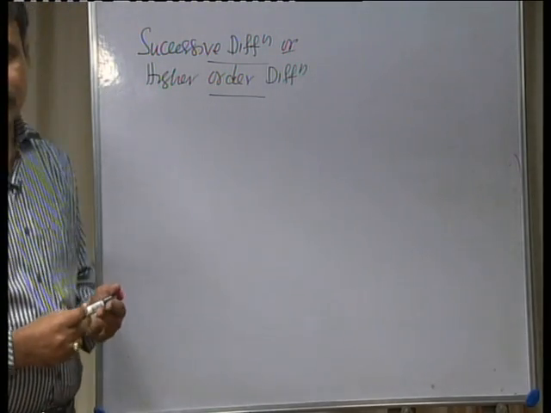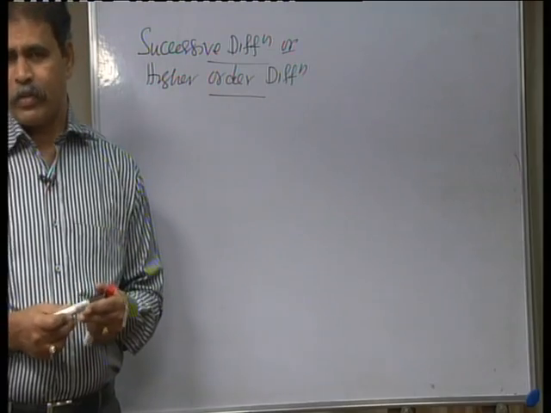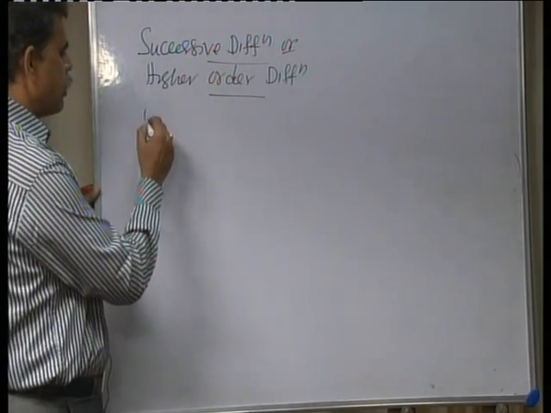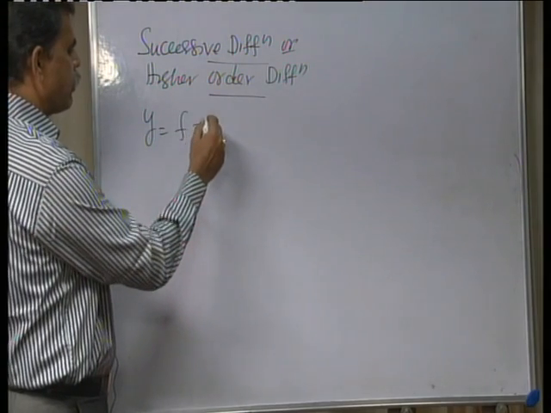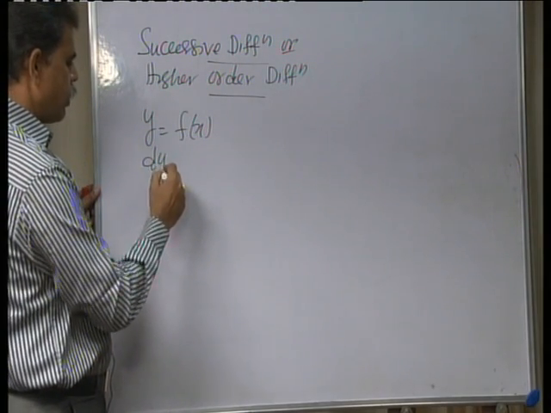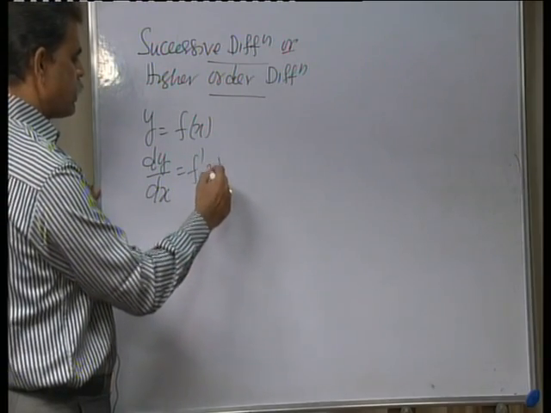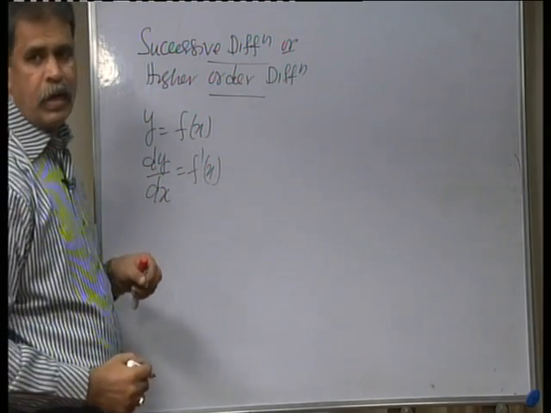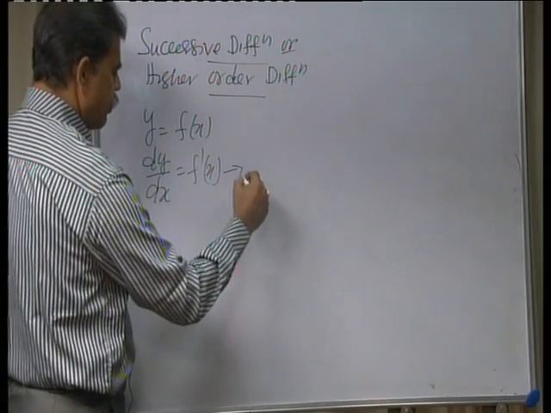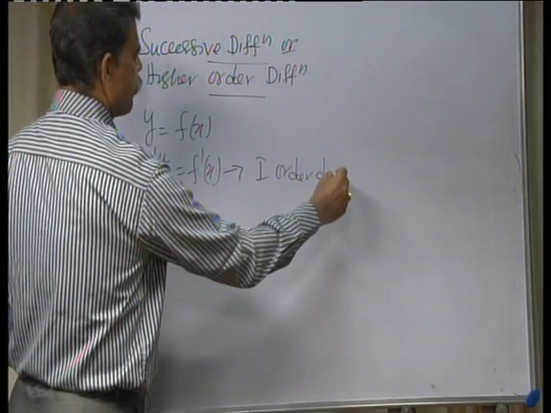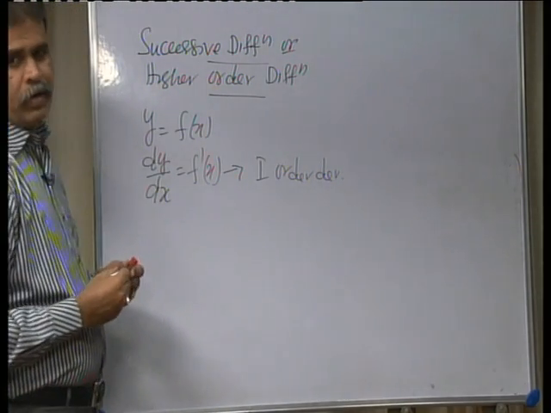You will have a function, if it is differentiable you can differentiate it. If y is equal to f of x, if it is differentiated, what you will get? We will get dy by dx, for instance, we can call it f dash x. It is the first order derivative.